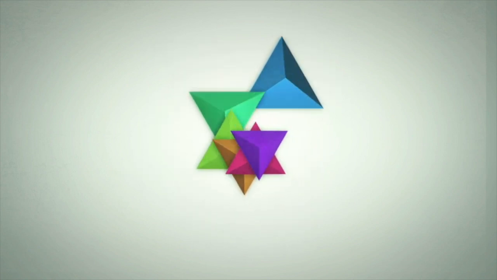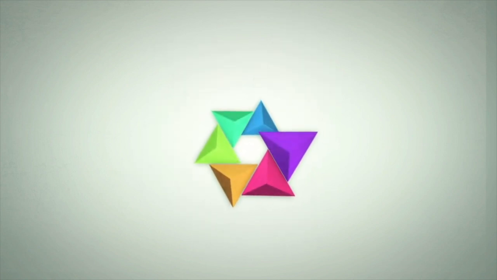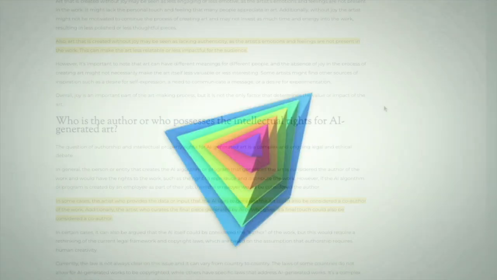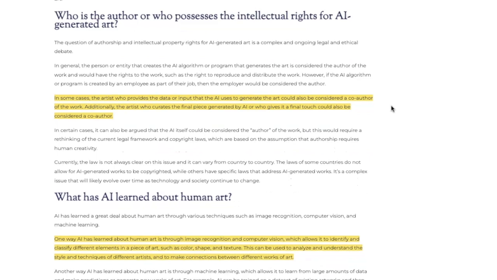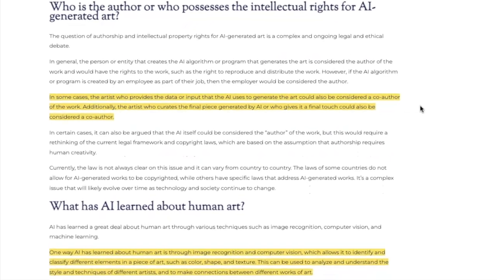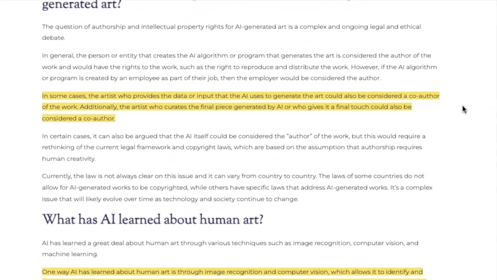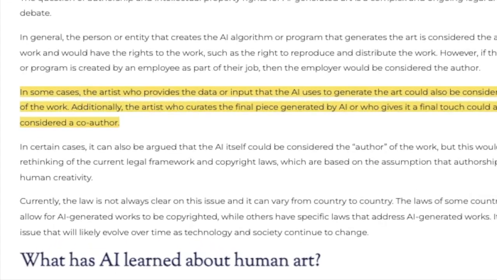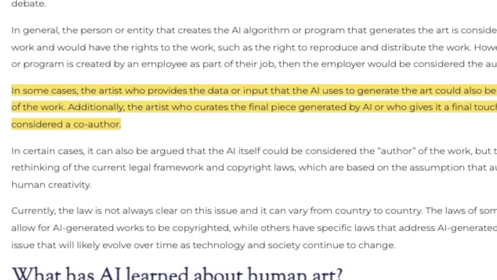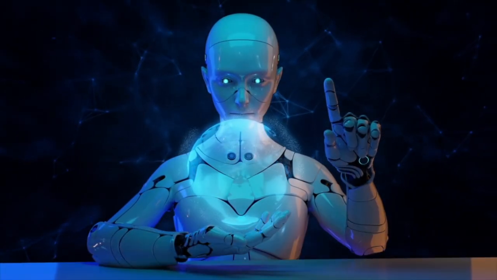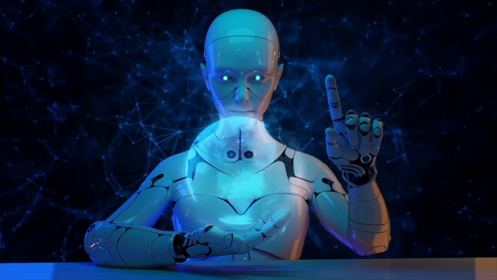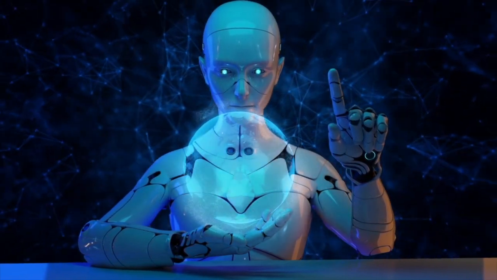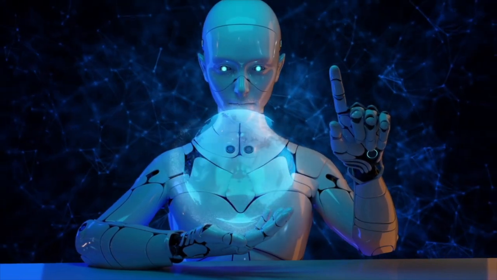In some cases, the artist who provides the data or input that the AI uses to generate the art could also be considered a co-author of the work. Additionally, the artist who curates the final piece generated by AI or who gives it a final touch could also be considered a co-author. In certain cases, it can also be argued that the AI itself could be considered the author of the work, but this would require a rethinking of the current legal framework and copyright laws, which are based on the assumption that authorship requires human creativity.